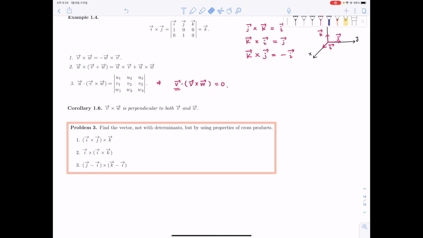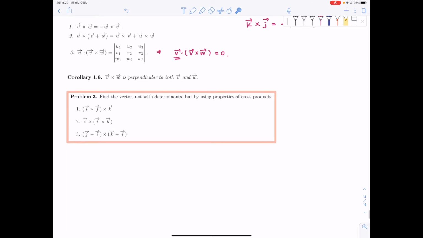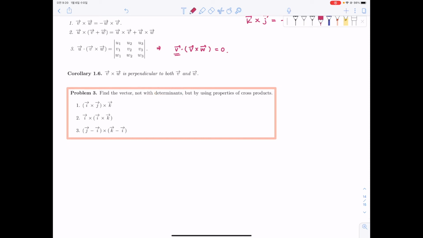So using these properties, we can calculate this cross product, not using the determinant directly. Let's see. For the first one, we want to find i, j, and k here. We know that i cross j is k, and the cross product of a vector with itself is just 0.